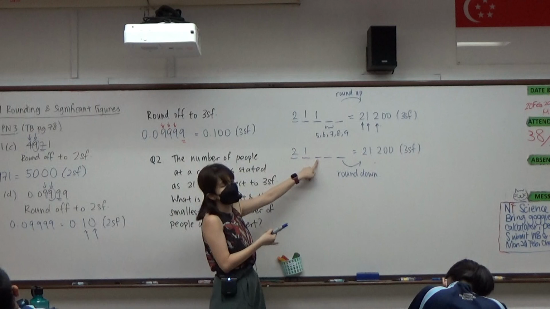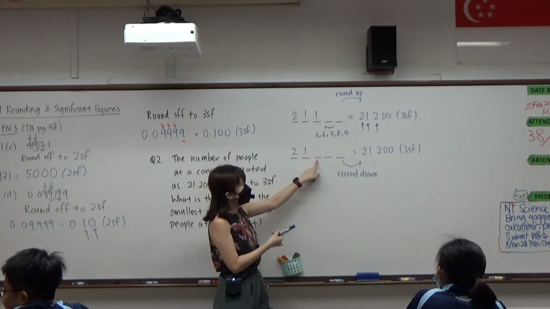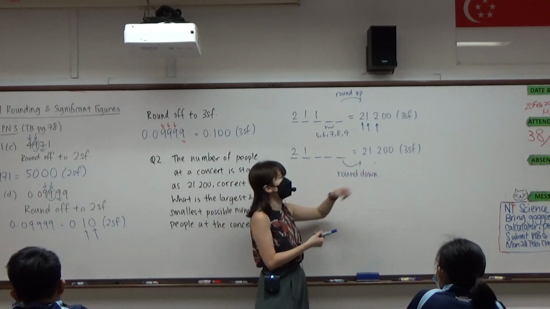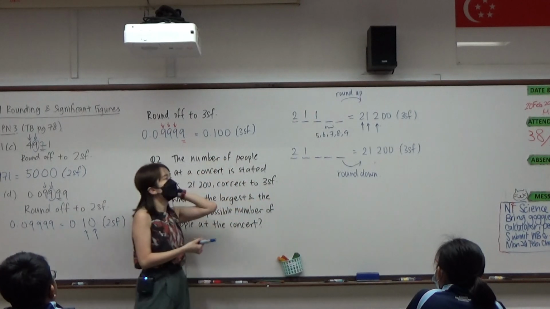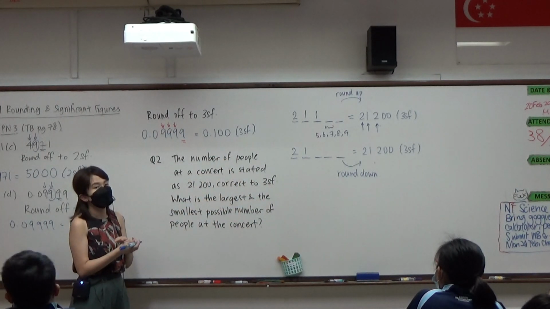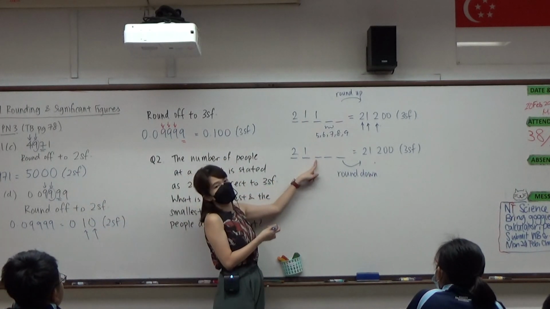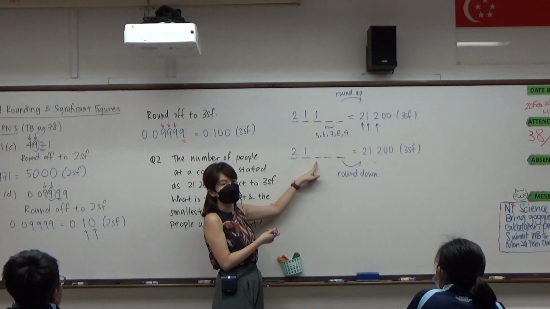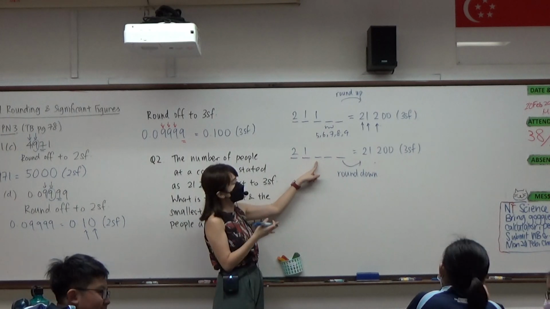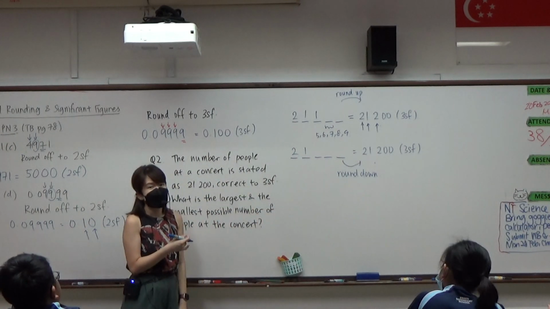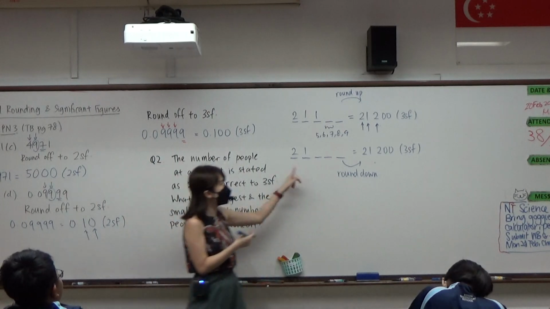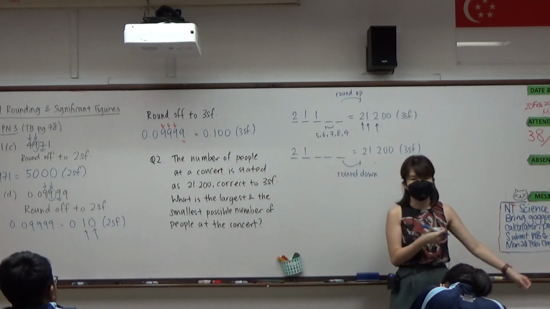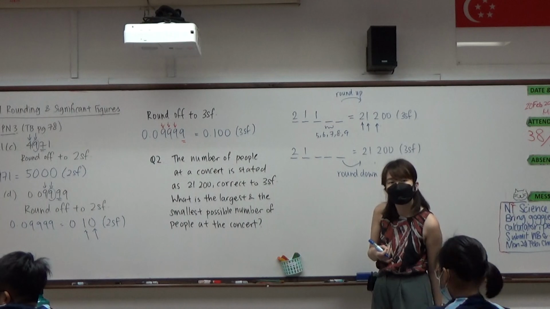What must this space actually be in order for us to round down to get 21,200? Zach, what do you think? What must this digit actually be? For me to round down to get 21,200. 4?